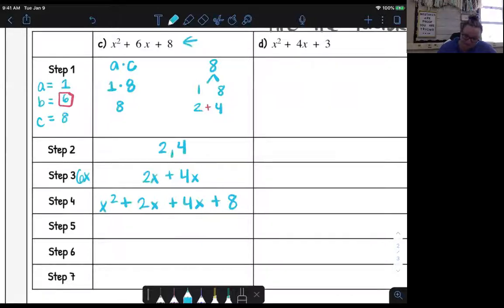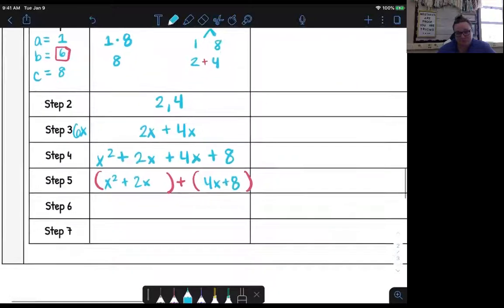So now in step 5, you put your grouping symbols. You put your parentheses around the first 2 terms, your parentheses around the second 2 terms with a plus sign in the middle. So you're going to have x squared plus 2x in parentheses and 4x plus 8 in parentheses. Then you factor out what each pair has in common. So x squared plus 2x, what do they have in common?